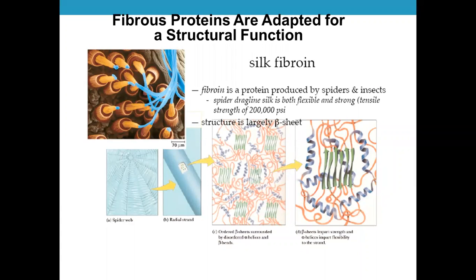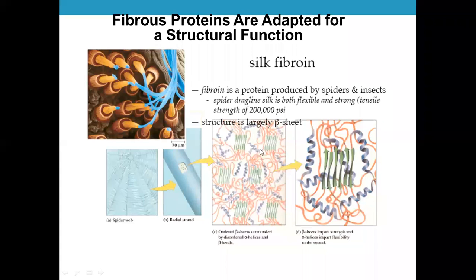Spider webs are actually made up of fibroin protein produced by spiders and insects. You have spider dragline silk, and even silk cloth is made up of fibroin, a protein.